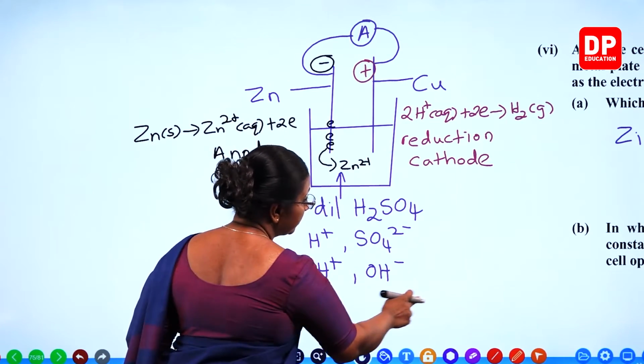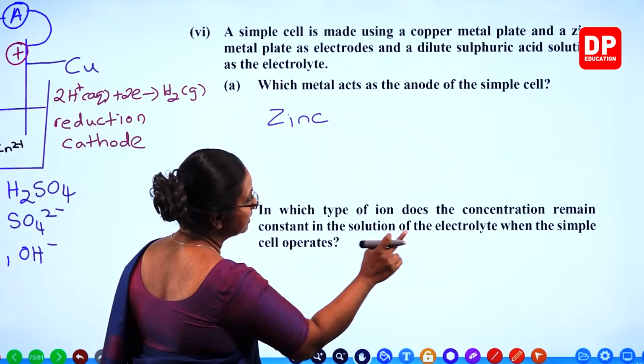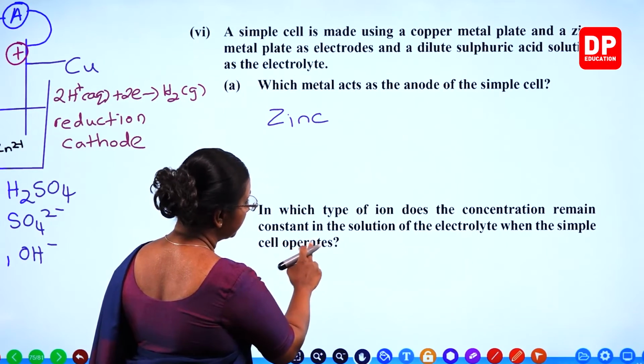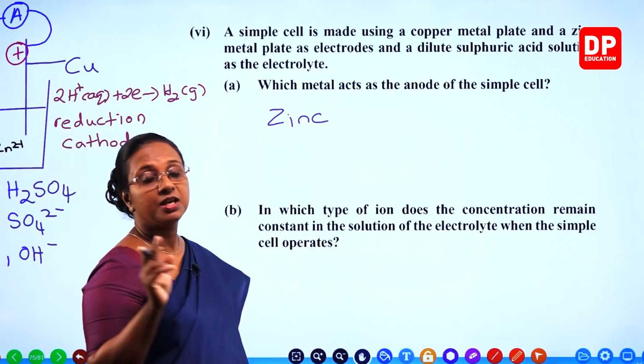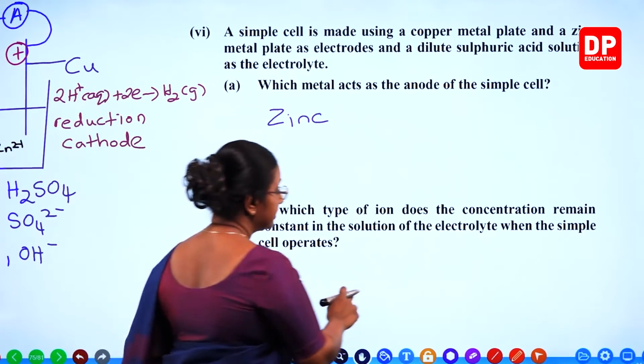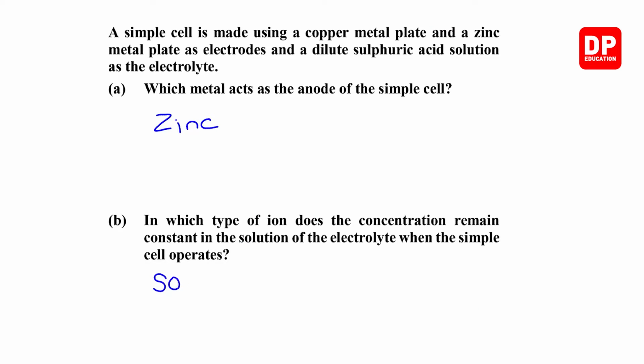So the answer for this question, in which type of ion does the concentration remain constant in the solution of electrolyte when the simple cell operates? You have to write the answer as sulfate. So here you can either write the formula SO4 minus, or you can write it as sulfate ion.